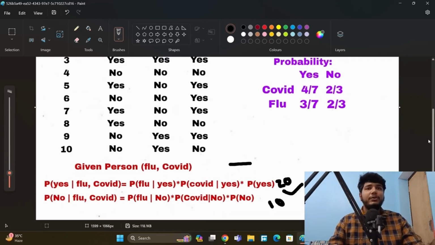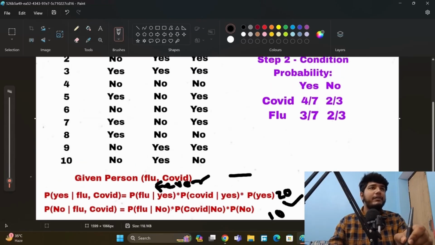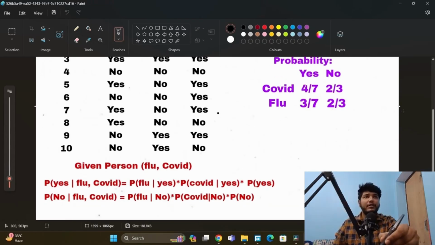So what we have to do is here, so here flu is yes and fever is yes, so here it is fever. Okay, so what we will do here is we will check for flu yes 3 by 7. So now here we will put 3 by 7 into COVID yes, fever yes, so that is 4 by 7 here.